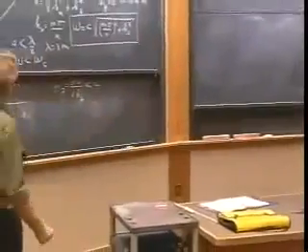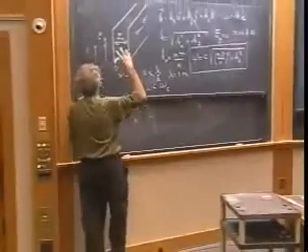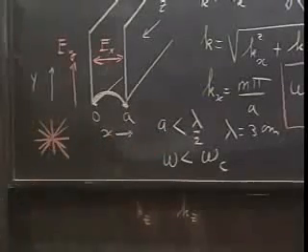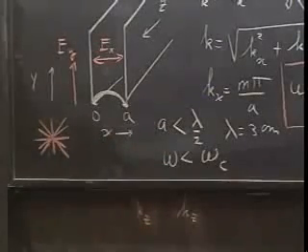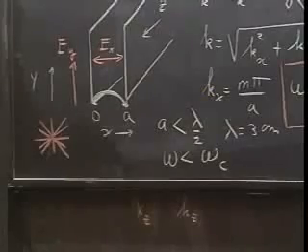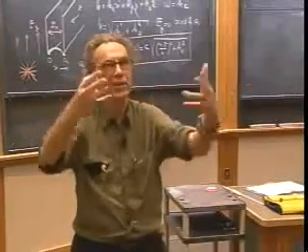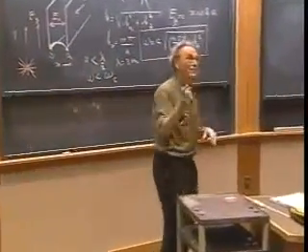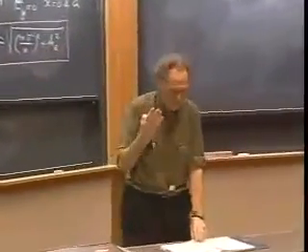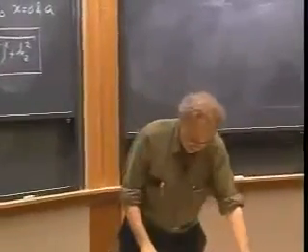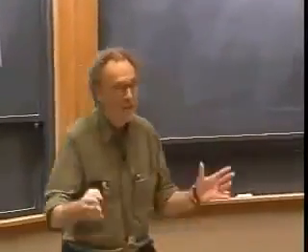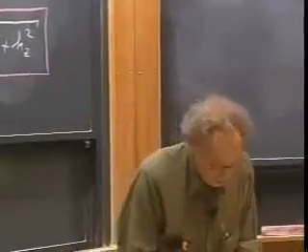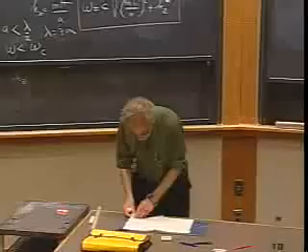So if you could manage to get unpolarized radar going into this direction, and you make A smaller than lambda over 2, all components in this direction are killed, only this component can go through. And so you have created at the other end linearly polarized radiation. And I realized after I gave that lecture, how cute that is actually, that this is a way in principle that you can create linearly polarized radiation simply by squeezing it through a very narrow opening, a very narrow tunnel, so to speak.